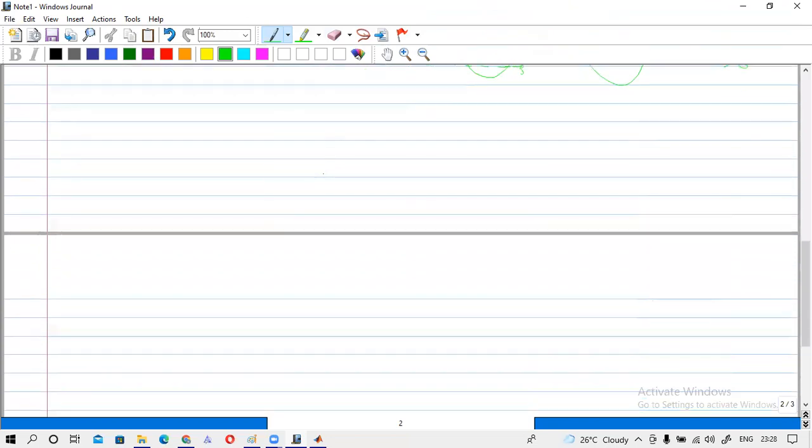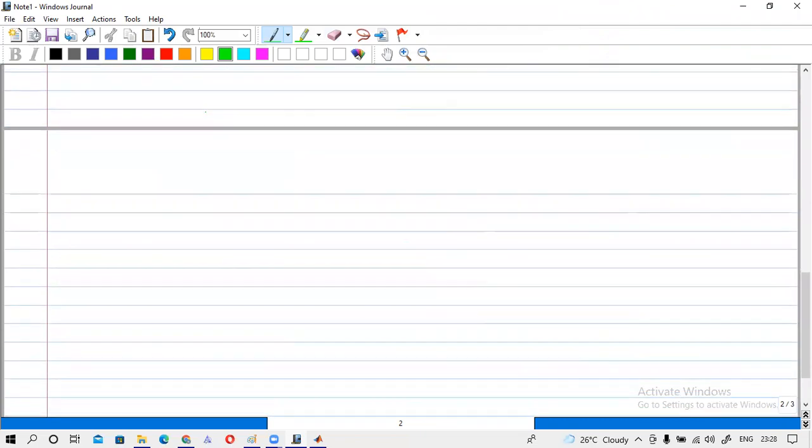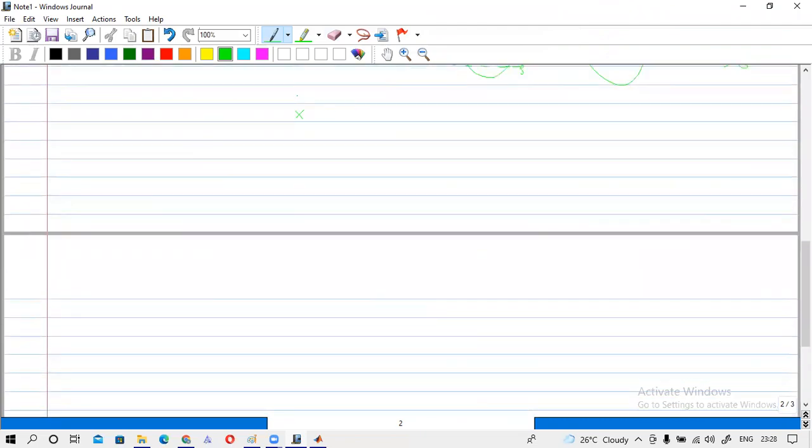The condition for periodic is x(t plus capital T) is equal to x(t). If this condition is satisfied, we can say that it is a periodic signal.